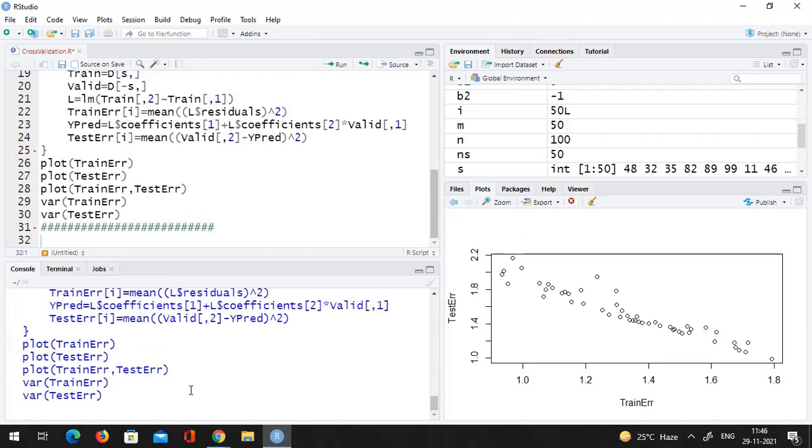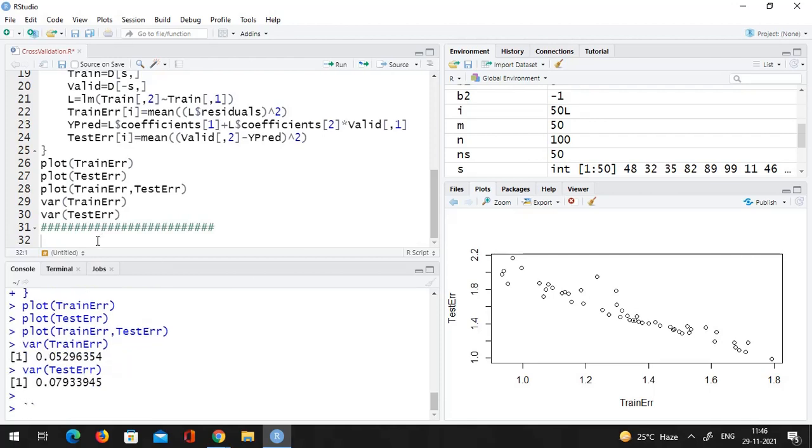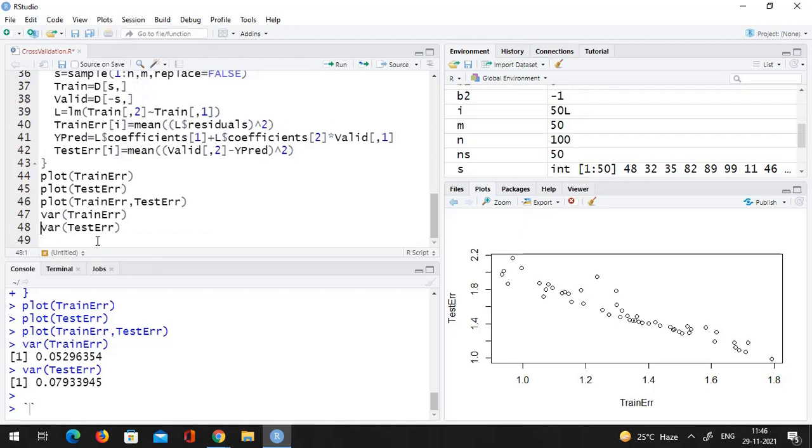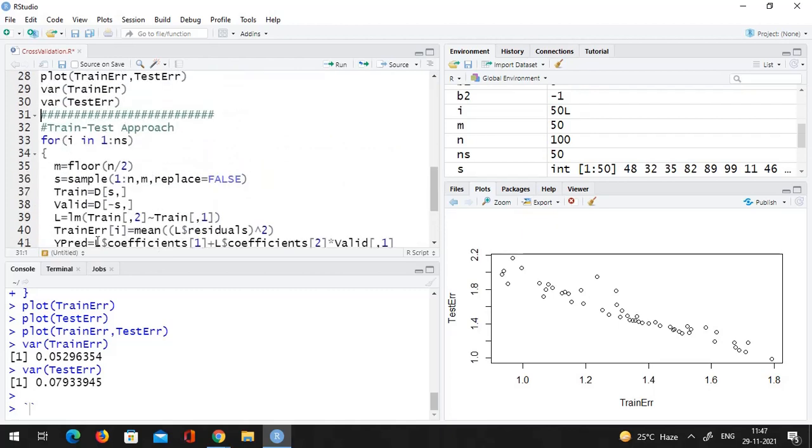Oh, sorry, I want to paste here. Okay, so now I want fivefold validation.